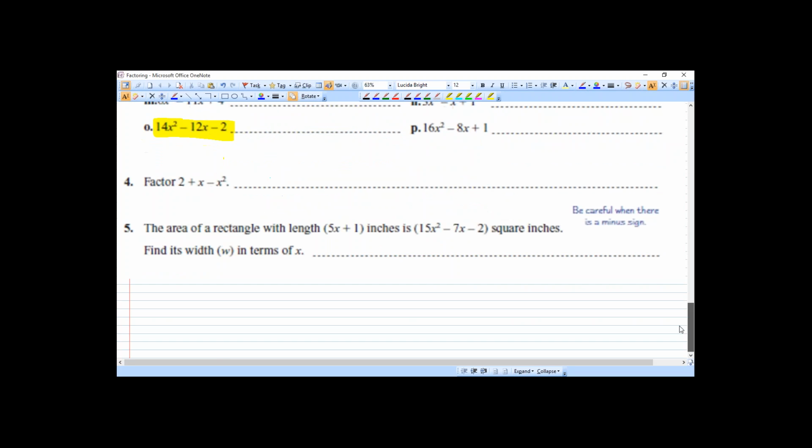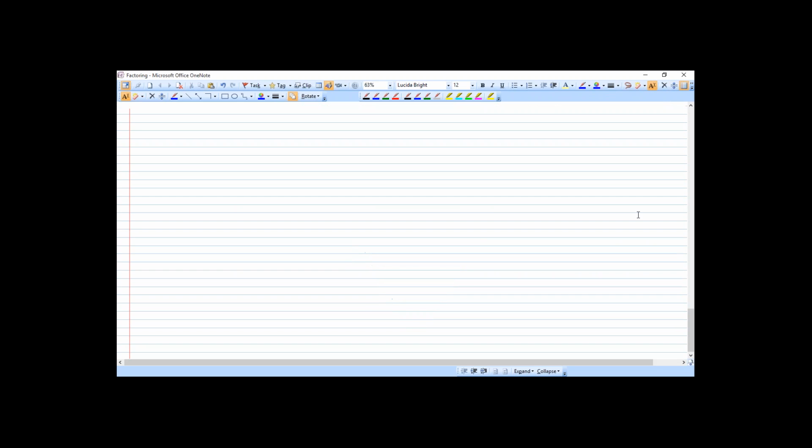Let me go to a blank part of the page and make some room. So if I have 3x plus 2 minus 4x plus 2, this is a real simple example of that.